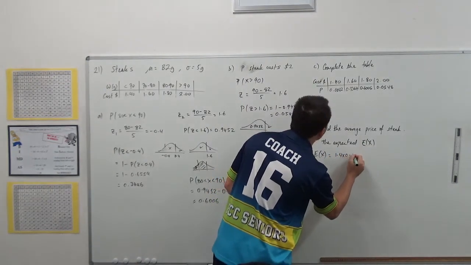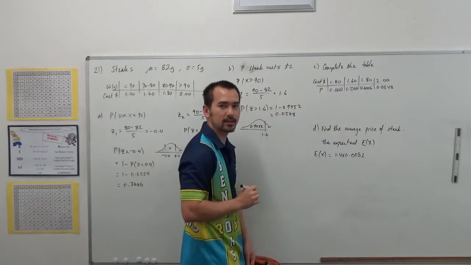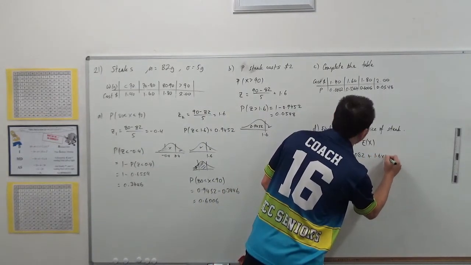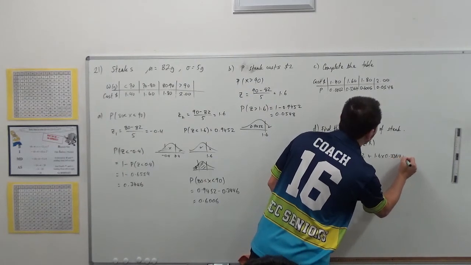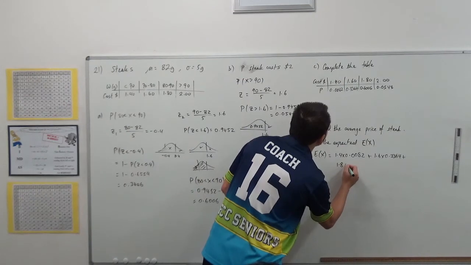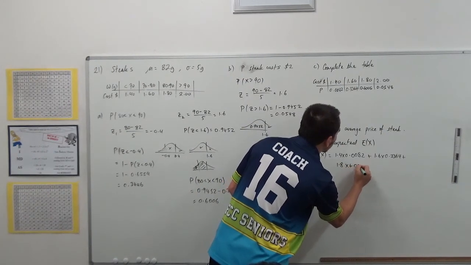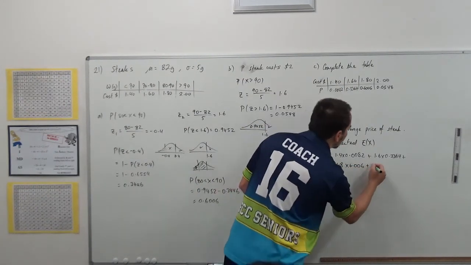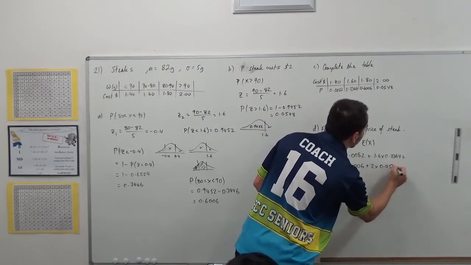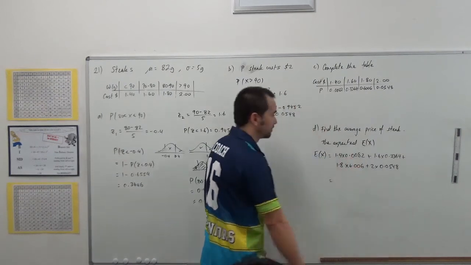So this is going to be 1.4 times 0.0082, start typing this in for me, plus 1.6 times 0.3364, plus 1.8 times 0.6006, plus 2 times 0.0548.